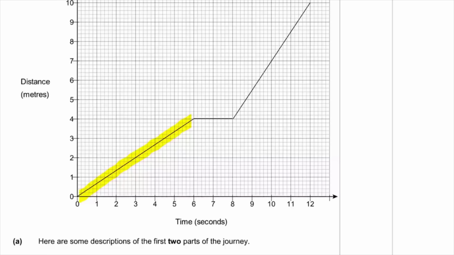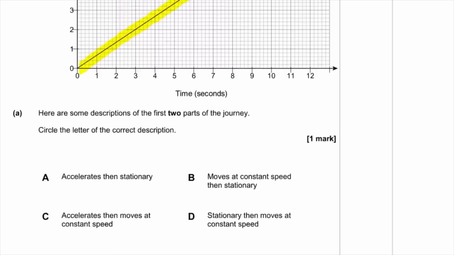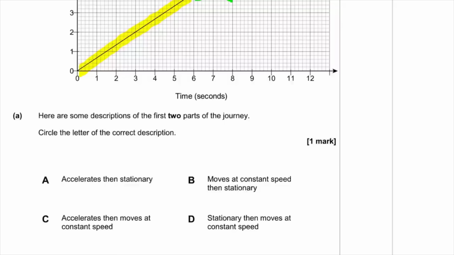So that indicates that the toy is moving at a constant speed. And then the next part, the distance isn't changing for a period of time, so that would indicate that the toy train is at rest. So which one of the descriptions most accurately displays that? So it must be B, moves at a constant speed and then is stationary.